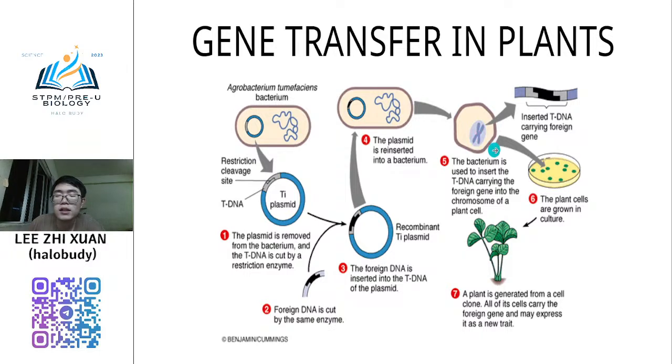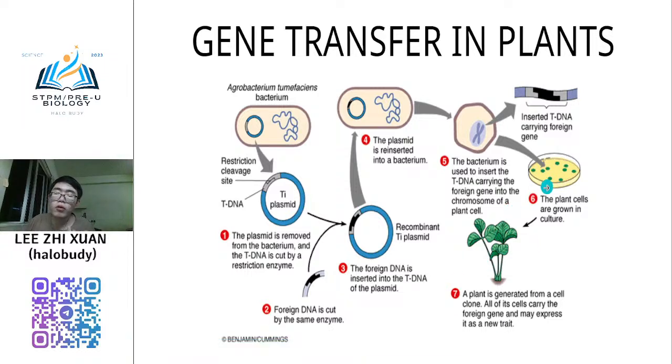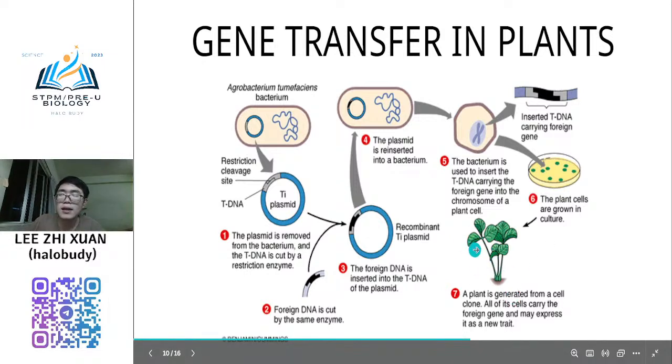After that, you culture this tomato cell in the culture medium. The plant cell will grow. After that, you transfer it back to the soil. This plant will grow normally, and then it will express a new trait. For this example, it will express the purple color trait.